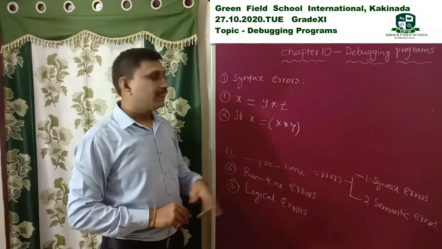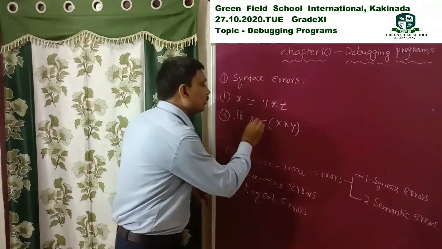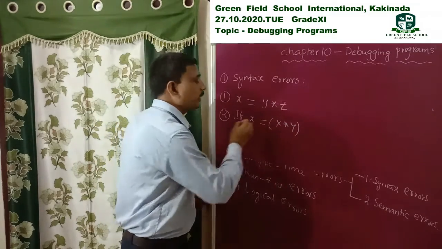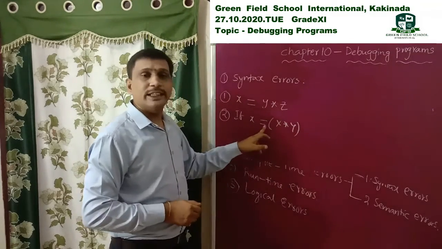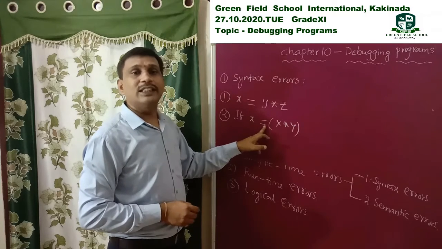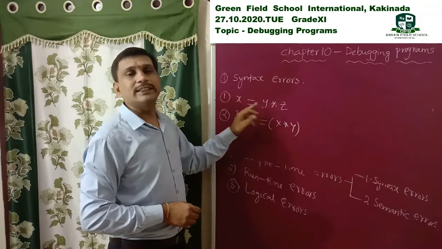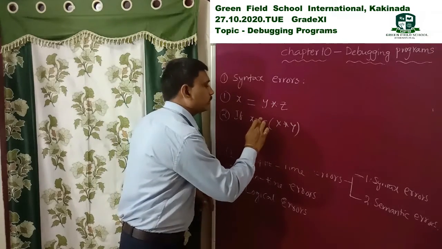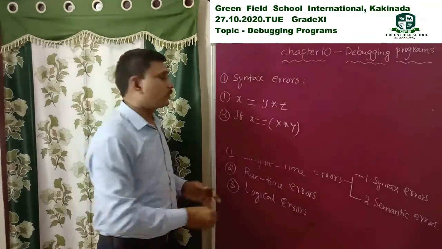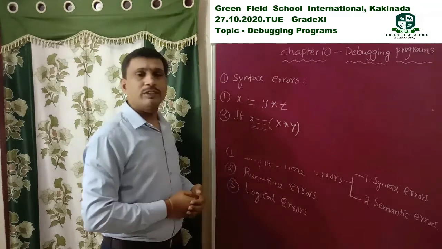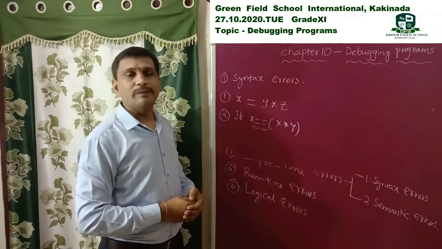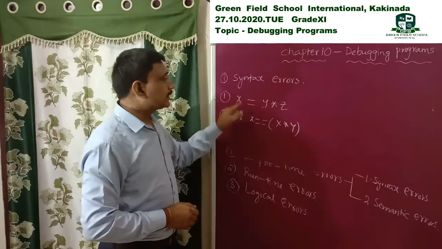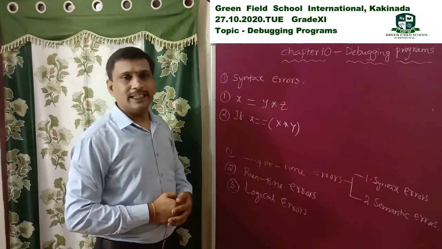In Python, single equal to is an assignment operator, so it displays an error. We use the double equal to symbol. This is one type of compile time error, and this is the concept of syntax errors.